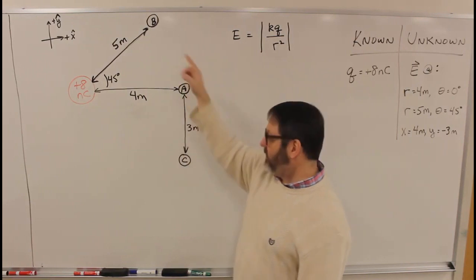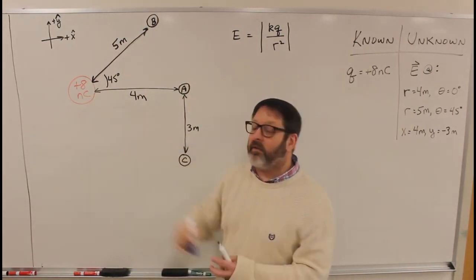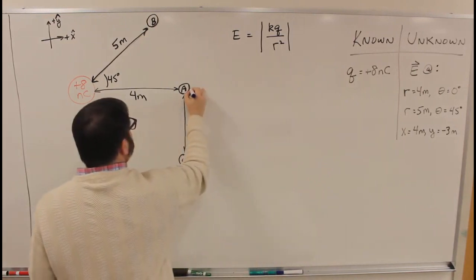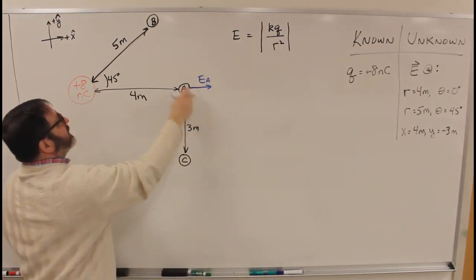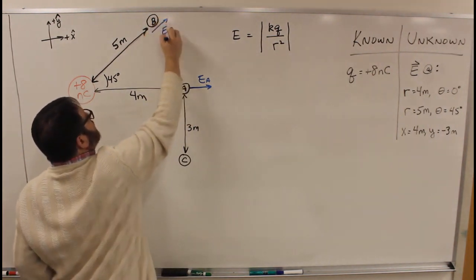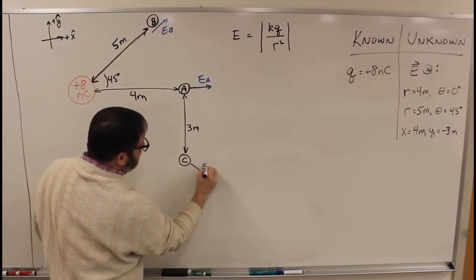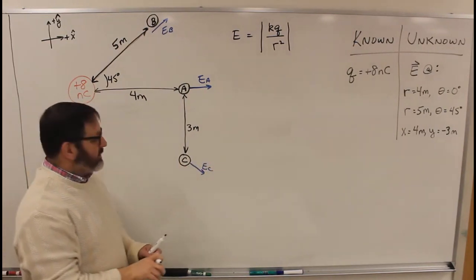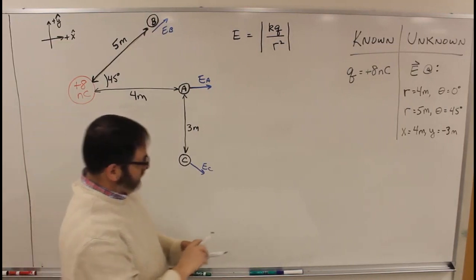So at each of these locations, the direction of the electric field is directly away from that. So there's the electric field at A, this direction, electric field at B, and then that direction is the electric field at C. So let's find what those are.